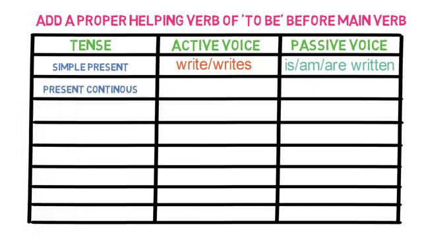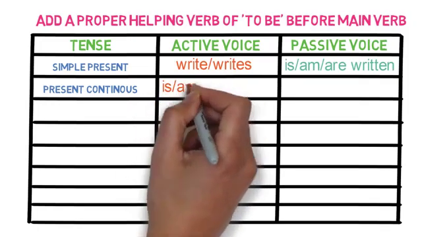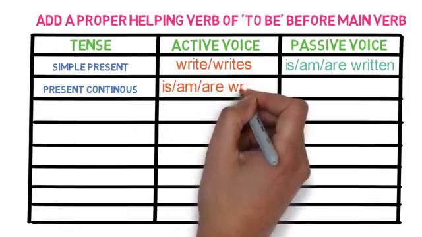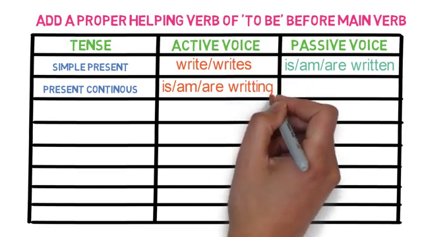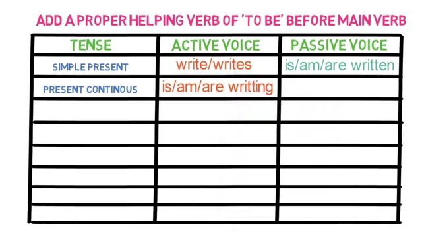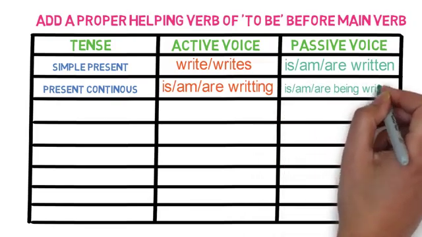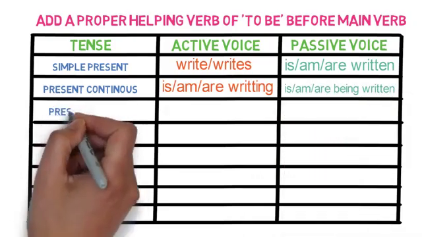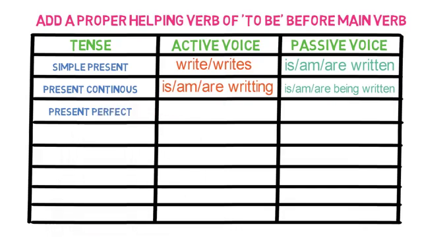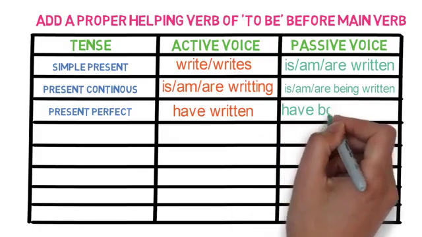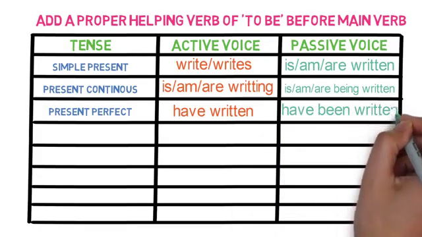For present continuous, in active voice, we have is or am or are depending on subject is singular or plural and writing. While in passive voice, we add being helping verb with is, am or are, and written as a verb. Present perfect tense, in active voice, we use have written. While in passive voice, we add been helping verb after have and written.